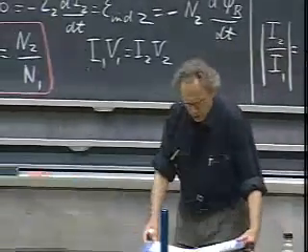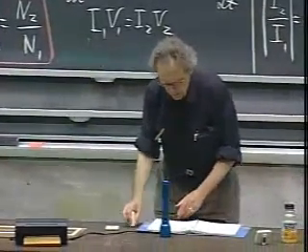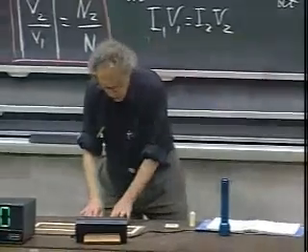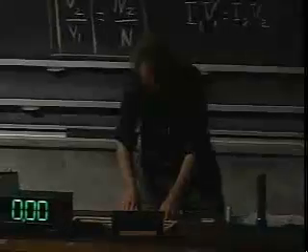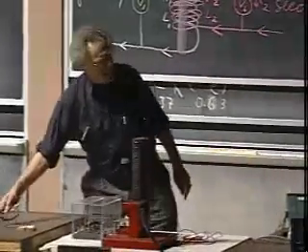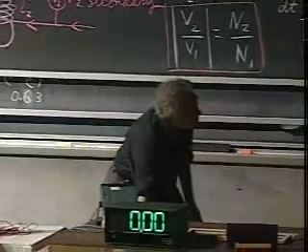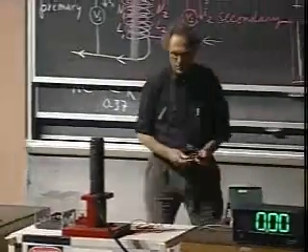And so the second part of the demonstration, with the same primary, I want to make it dark so that you can see the glowing of that nail. So here is the coil, and here is my secondary.